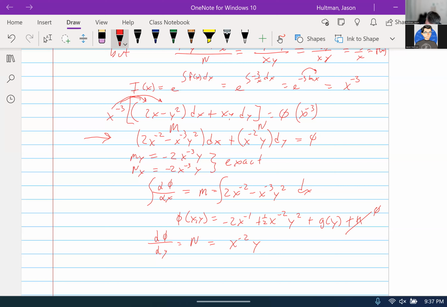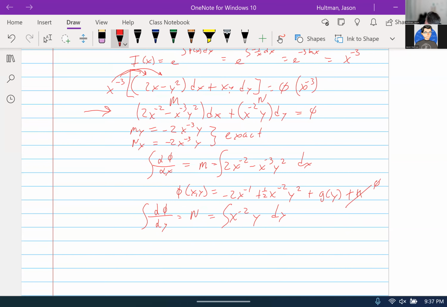We're going to integrate that with respect to y, treating x as a constant. So phi of x, y is equal to x to the negative 2 times y squared over 2, plus some function of x, plus some k, which again we're just going to let go to 0.